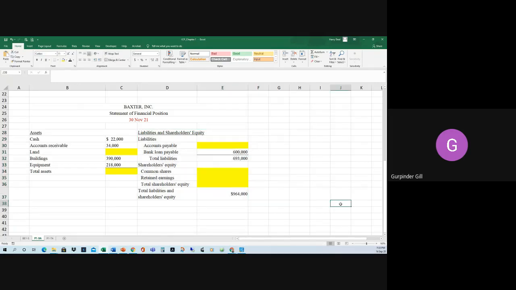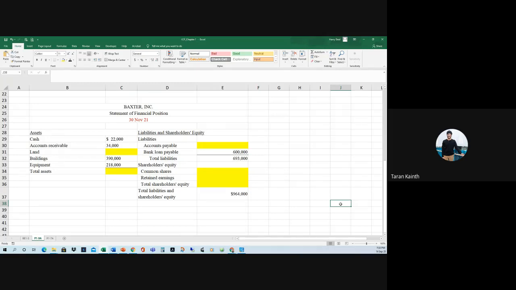A bunch of information is provided to us, but the others are missing. So any thoughts on where you would like to start? Yes, you know that the total liabilities and shareholders' equity is $964,000.